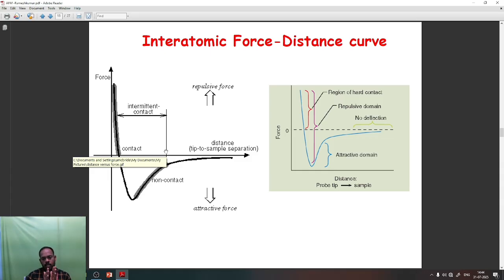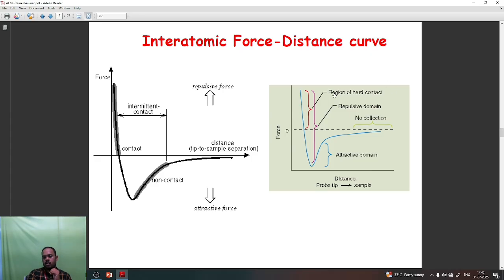The cantilever will be closer to the sample surface, not touching, but somewhat close. So there will be an attractive force. That's why in this picture we have clearly shown this is the attractive domain. Here, this red line is the region of hard contact. This is touched.